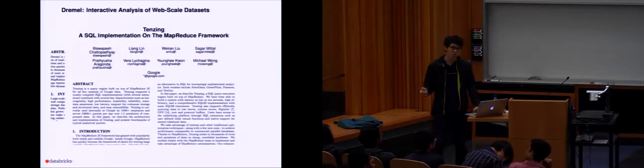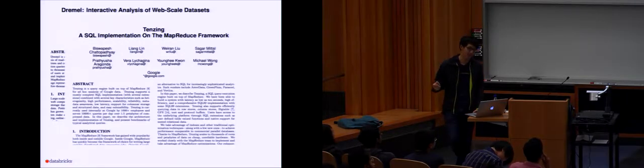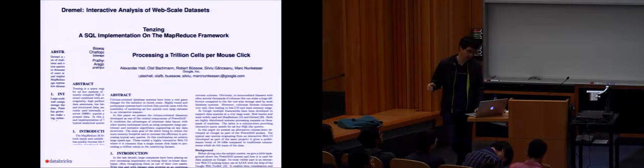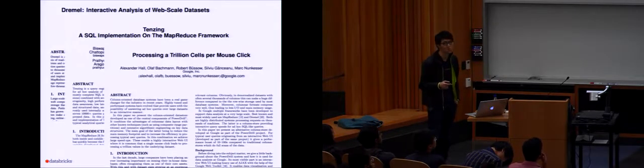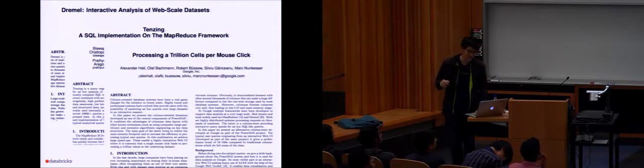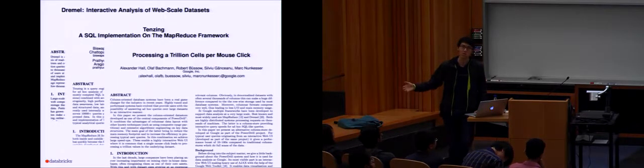In the following year, they published another paper called Tenzing, by a different group, which is a SQL on MapReduce framework. And I think the next year they published one of the coolest paper titles, Processing a Trillion Cells per Mouse Click. This paper is about PowerDrill, another SQL system they built for running aggregations at Google.